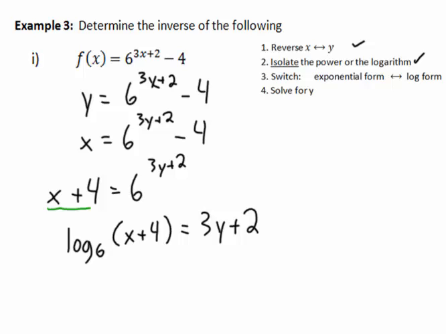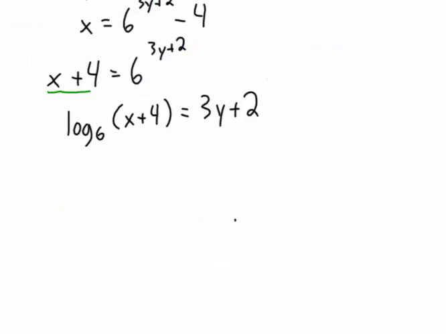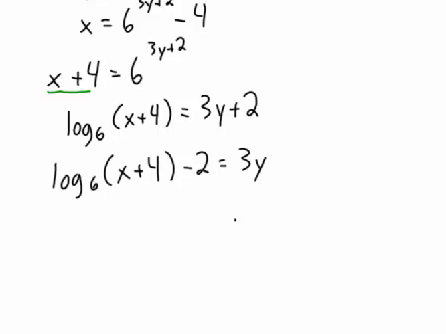And now that we've done the switch from exponential to logarithmic form, well, now we just have to do some algebra and solve for y. So we can minus 2 from both sides. We'll get log base 6 of x plus 4 minus 2 is equal to 3y. And we can go one step further, divide both sides by 3.